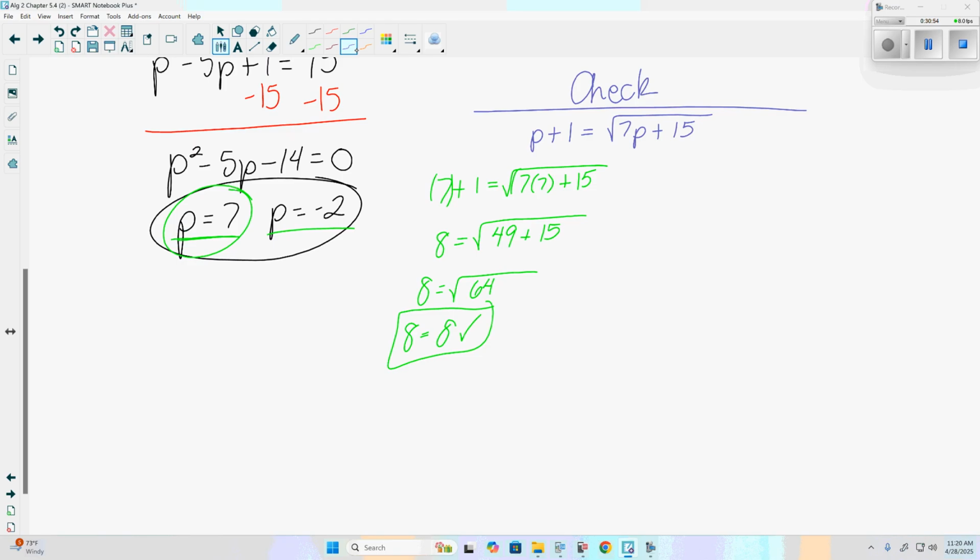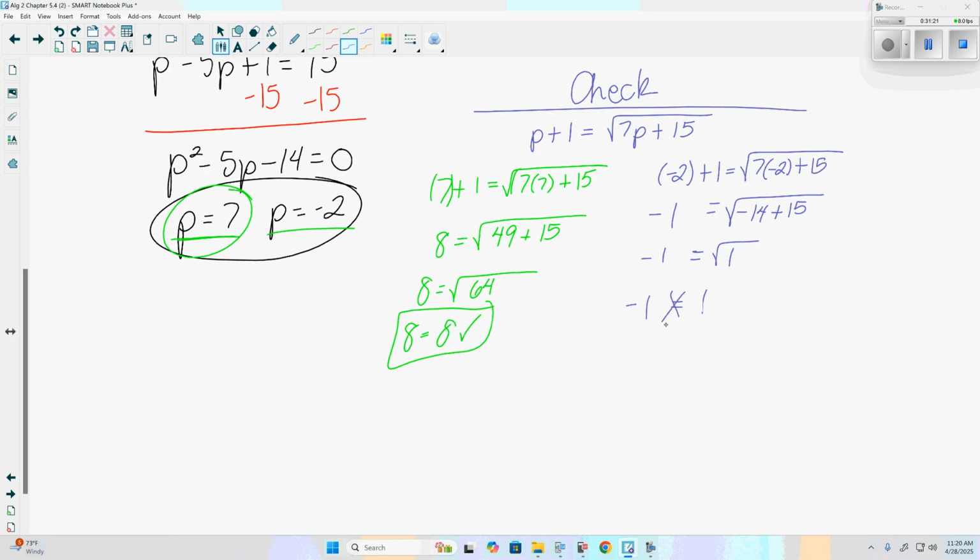We'll do the same thing with negative 2. On the right-hand side, we'll do it first. 7 times negative 2 is going to be negative 14. Negative 14 plus 15 is 1. Square root of 1 is indeed 1. On the left-hand side, negative 2 plus 1 is negative 1.